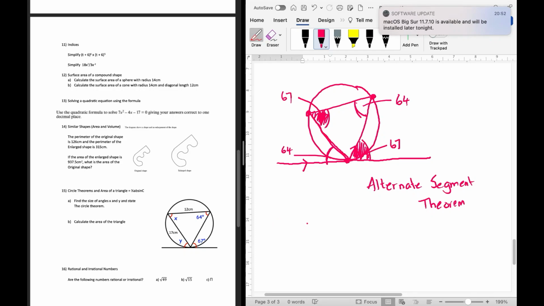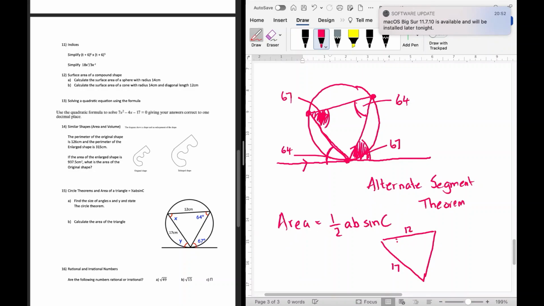Now there is a part B, calculate the area of the triangle, but we're into the A and A star stuff here. So this isn't base times height divided by 2 area. This is the other area formula, which again is in the formula sheet, which is half ab sine C. If you look at the triangle, this is 17. If you look at the picture on the left hand side, this is 12.